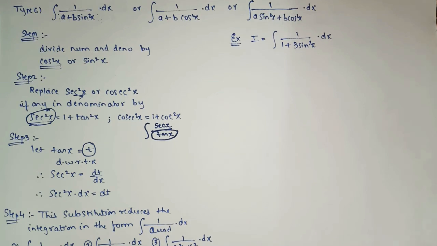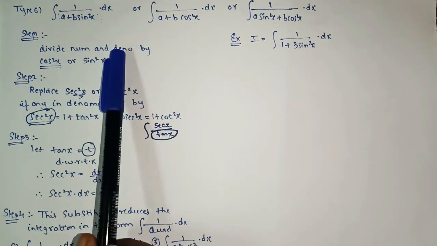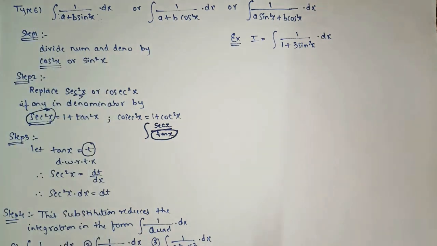So here the first one says I equals integral 1 upon 1 plus 3 sine square x into dx. So we'll follow the steps now. Step number 1 says that we have to divide the numerator and denominator by cos square or sine square. We'll stick with cos square, not sine square.